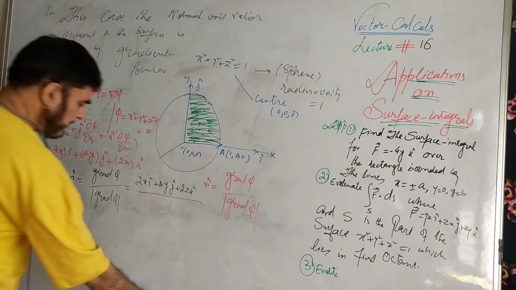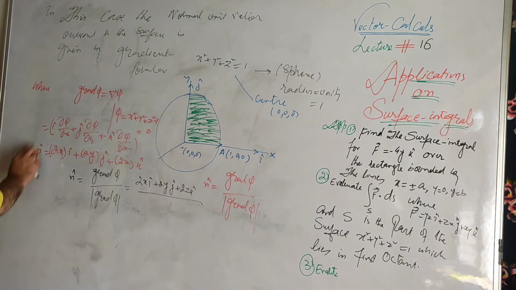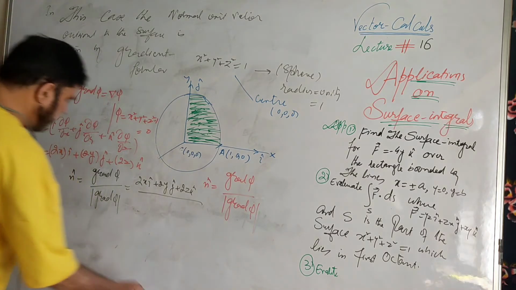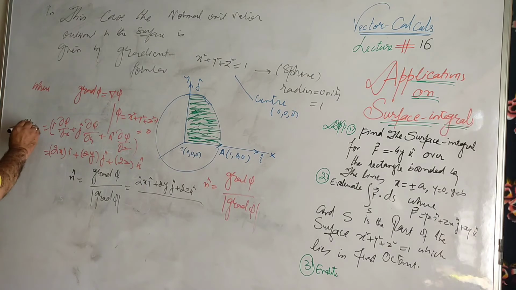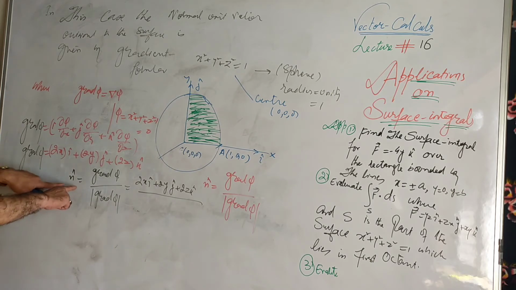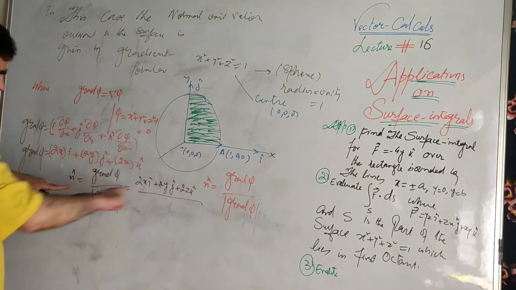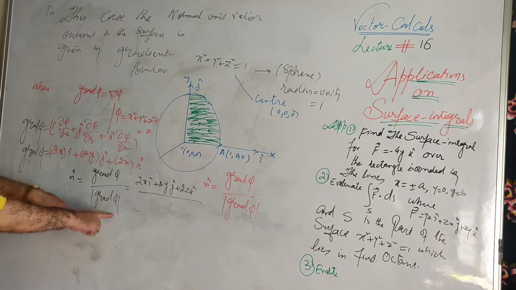I am again writing here n, I should not write this n yet, it is your gradient of phi. I am sorry. Now I find out the unit vector, the formula is gradient of phi by magnitude of gradient.